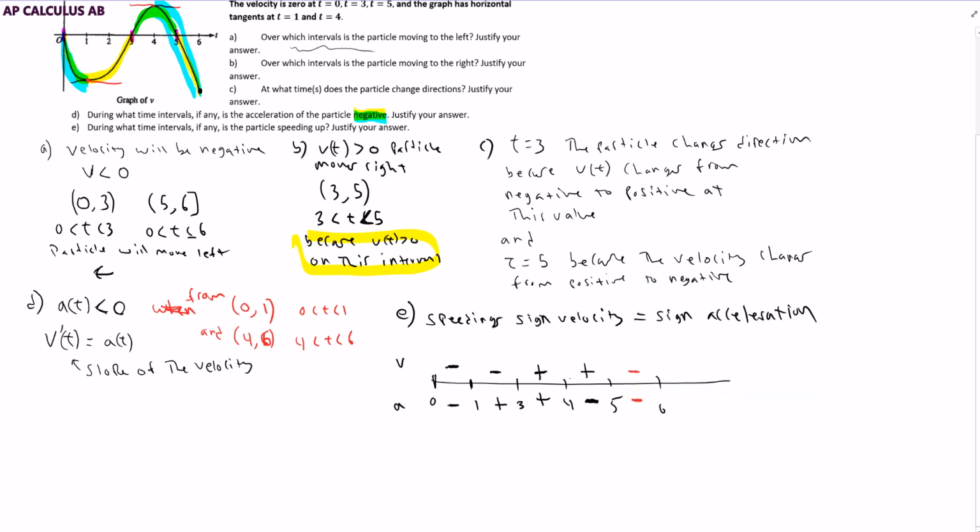All right, so we want to know when the particle is speeding up. Well, it's speeding up whenever the signs are the same, right? So it's speeding up from 0 to 1, from 3 to 4, and from 5 to 6.